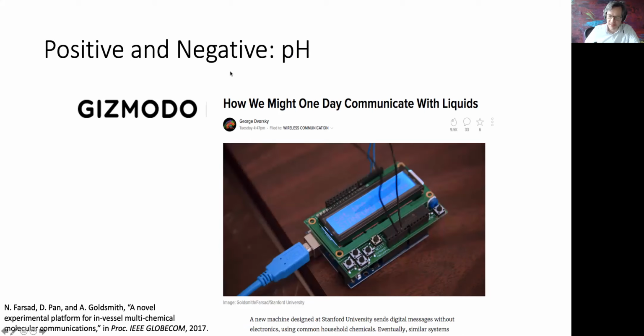So he set up a liquid apparatus in which, I can't remember exactly how he did it, but it's something like, if you want to send a 0, you send an acid. If you want to send a 1, you send a base, and you can use those two symbols to cancel each other out. So the base will neutralize the acid, making ISI much easier to deal with.